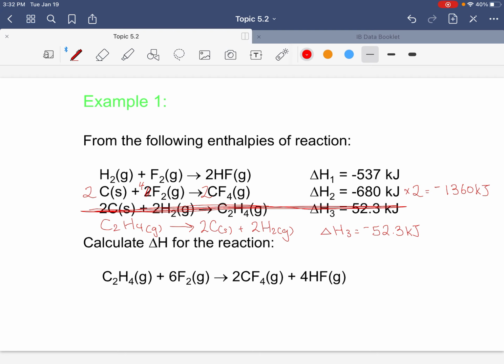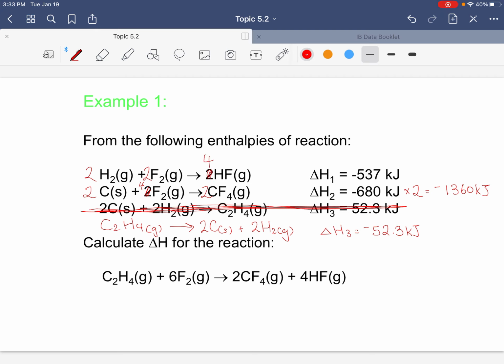Now, let's take a look at HF. I can only see HF on the product side right here, which is very, very good. I need 4. Here, I only have 2. How do you make 2 into 4?